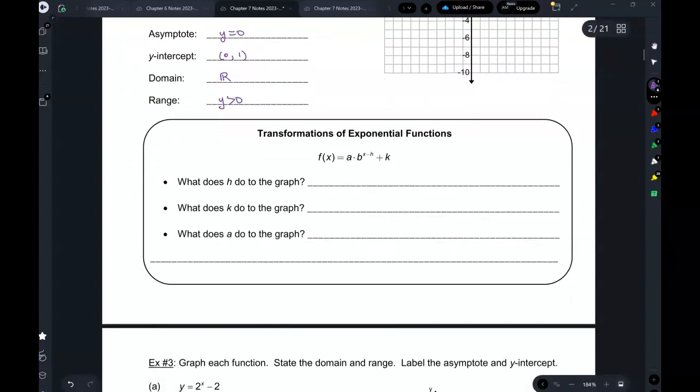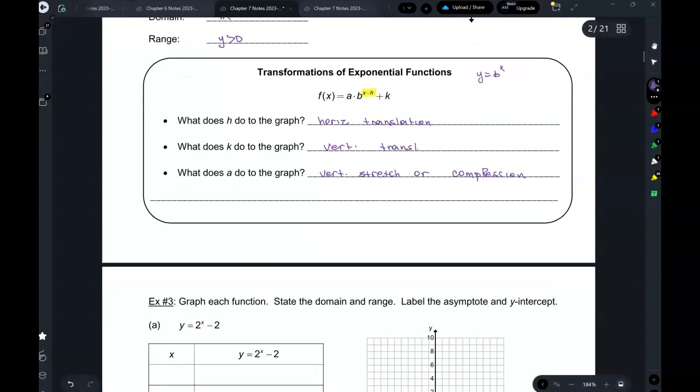Okay, transformation. So let's talk about transformation. Remember, the parent function is b to the x. So the transformations will look like this. You can have a times b to the x minus h, plus k. h is a horizontal translation, and k is a vertical translation. a is the vertical stretch or compression, depending on whether it's greater than 1 or less than 1.